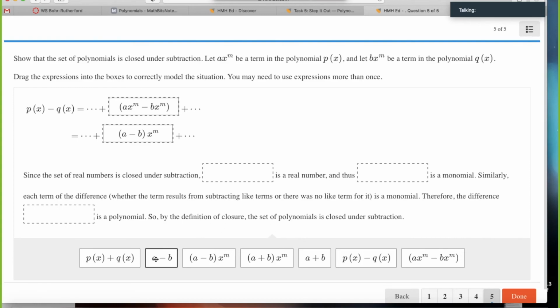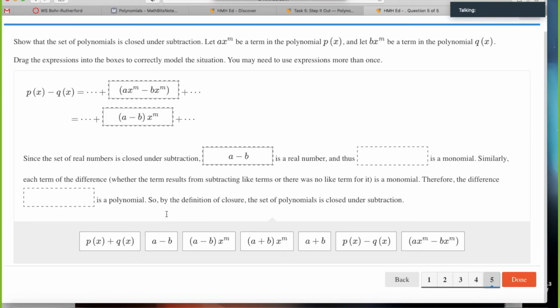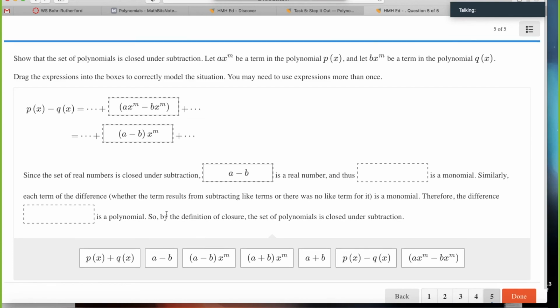So a minus b is a real number, and thus, blank is a monomial. So I would say this is a monomial, because remember, a monomial is just a number times an x.